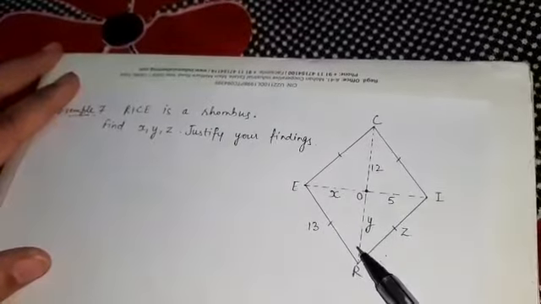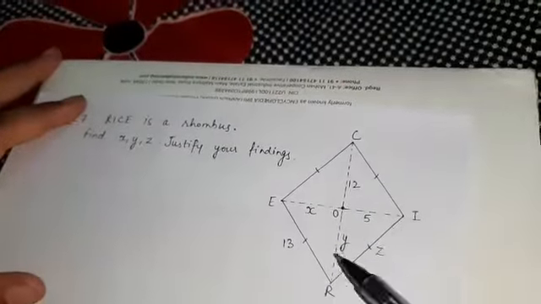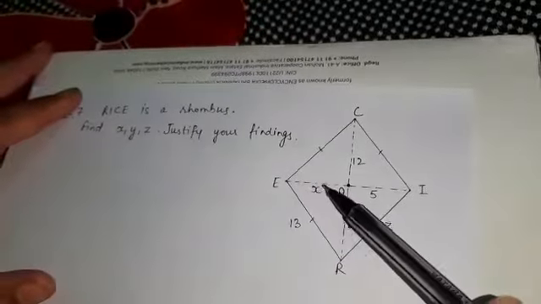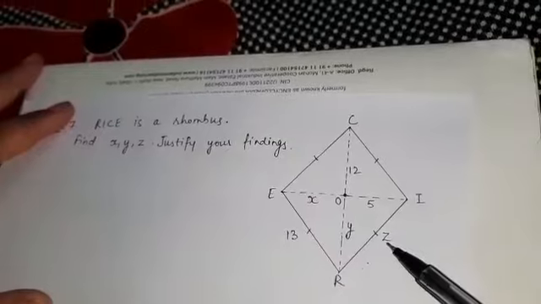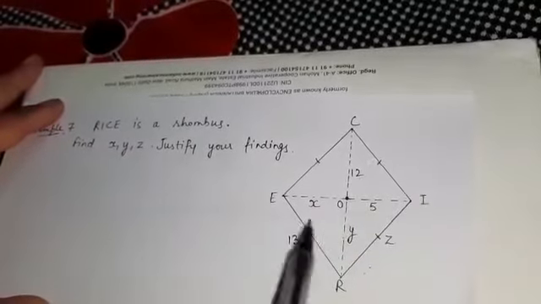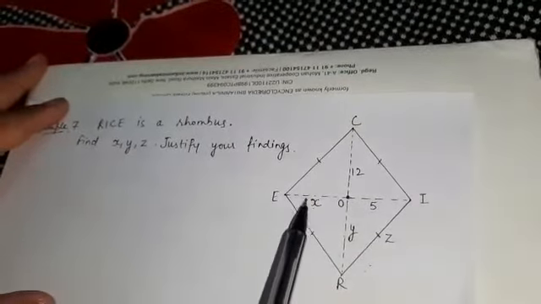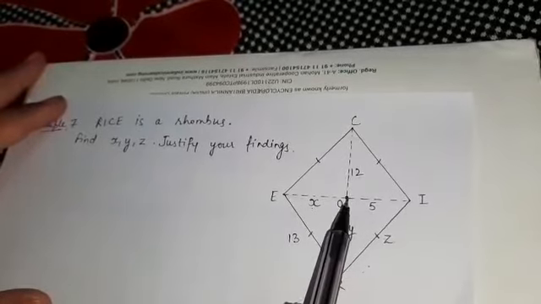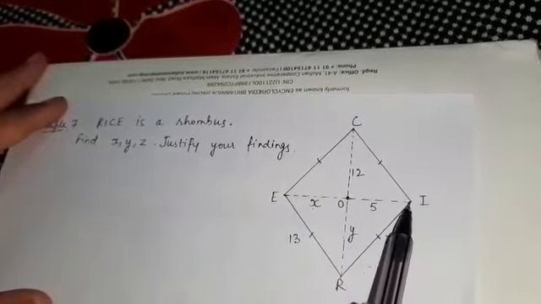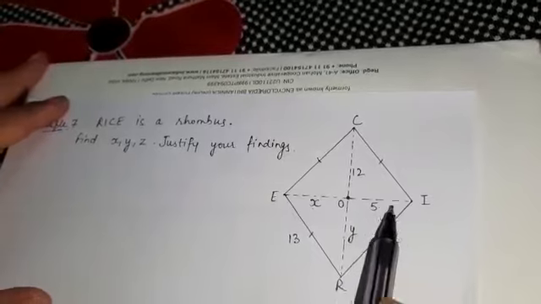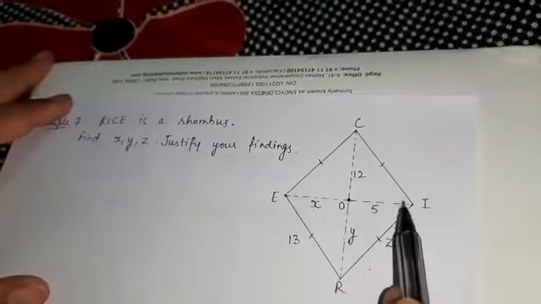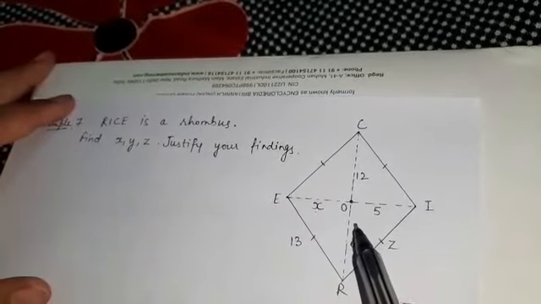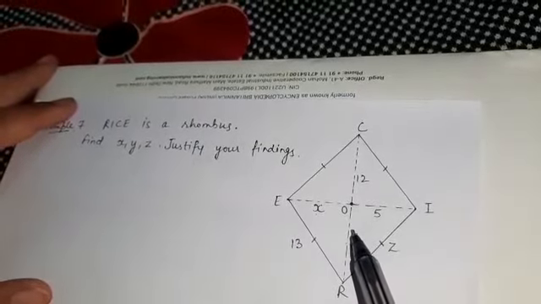RICE is a rhombus, and there are unknown angles and unknown sides x, y and z, which we have to find out. Let's start with x. x is half of the diagonal and the other half of the diagonal is given as 5. If you remember the properties of a rhombus, the diagonals of a rhombus bisect each other.